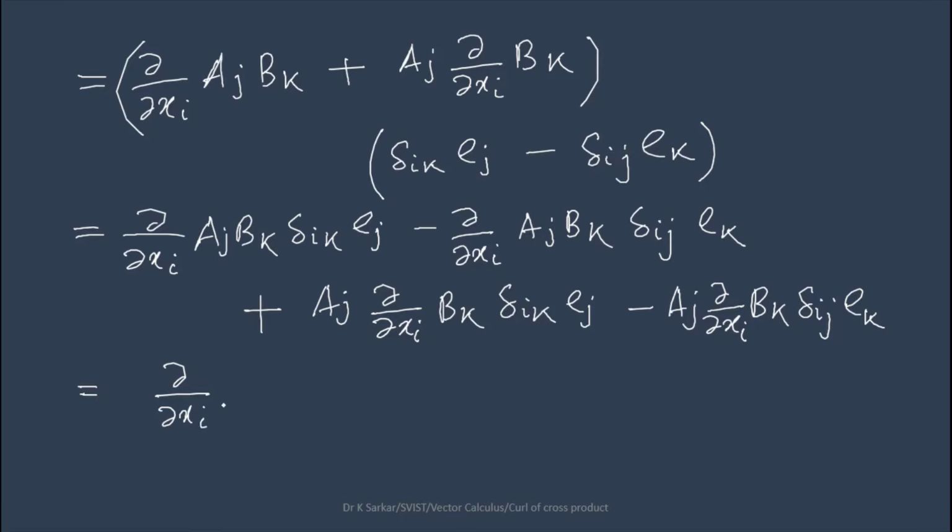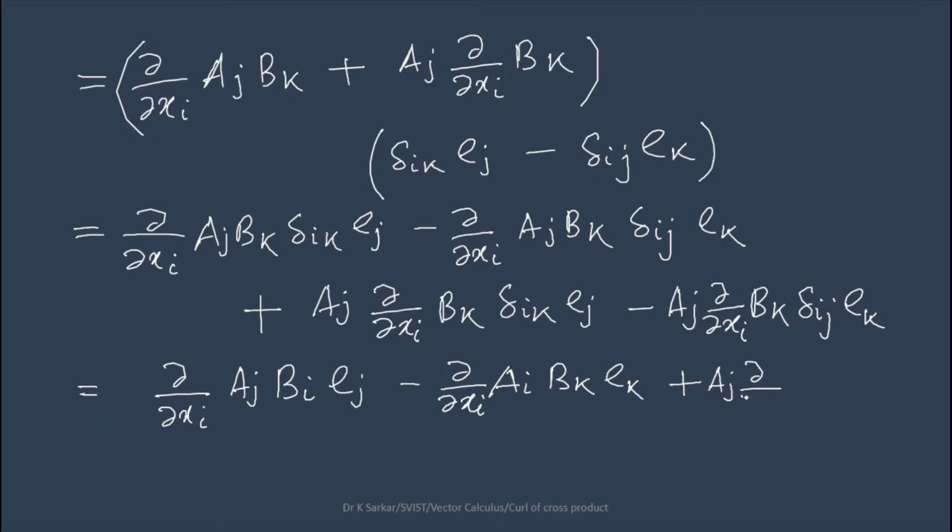So del xi Aj Bi ej minus del xi delta ij Aj Bk ek, so this will be Ai Bk ek, plus delta ik Bk, so it will be Aj del xi Bi ej minus delta ij Aj.